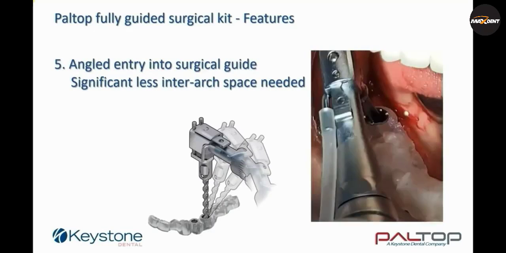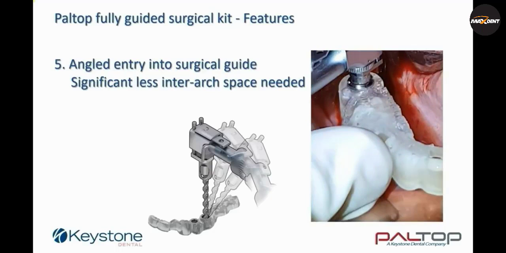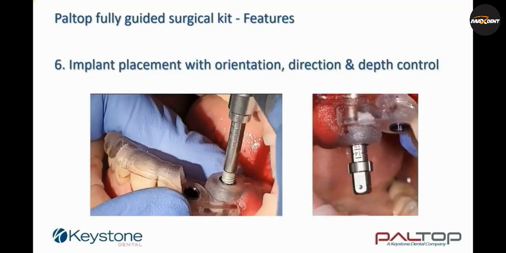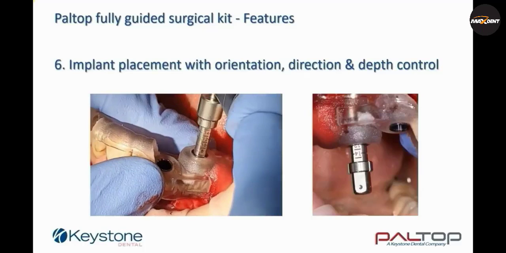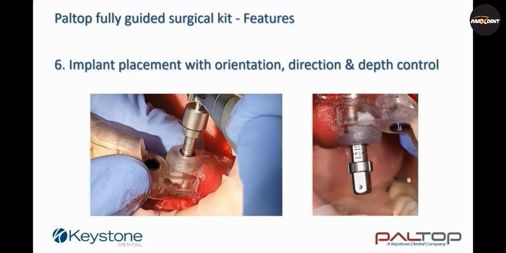Angled entry is possible into the surgical guide. This is particularly significant in the posterior segment where there is less inter-arch space. Implant placement can be achieved with orientation, direction, and depth control.